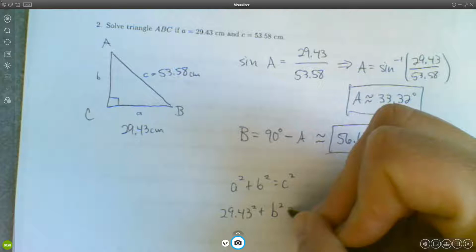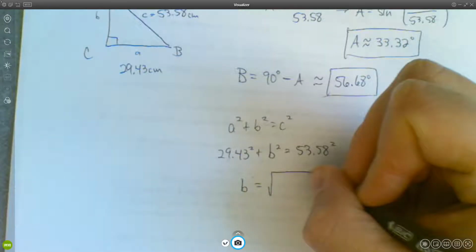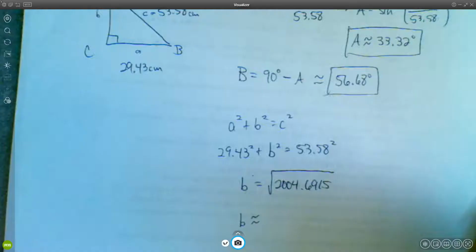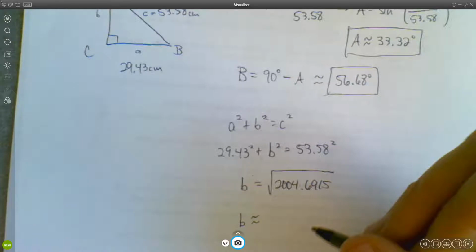So b is going to equal the square root of 53.58 squared minus 29.43 squared, which is 2004.6915, and then if we take the square root of that, and we're going to round it to 4 significant digits, we would get 44.77 centimeters. Okay, and that's the answer for that one. So that's how solving right triangles works.